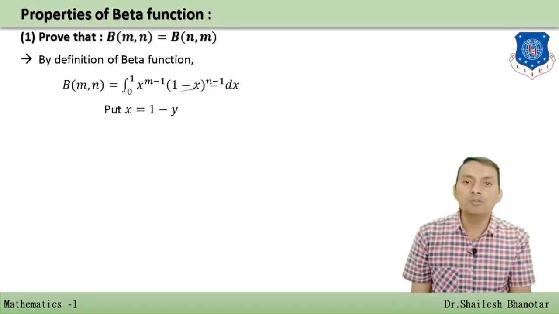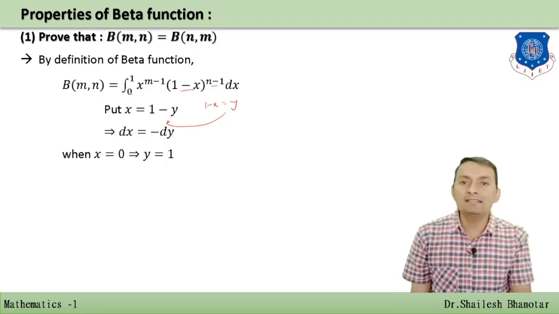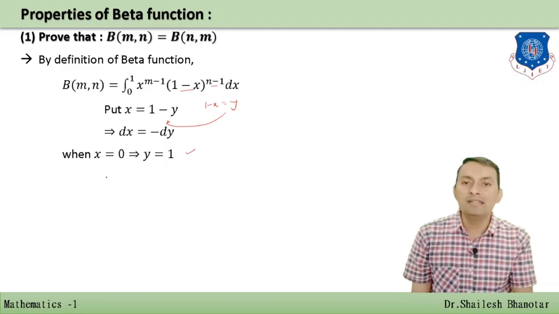Now I am going to assume that 1 minus x is equal to y. So x is equal to 1 minus y. When we differentiate on both sides, we get dx is equal to minus dy. When x is equal to 0, y is equal to 1, and when x is equal to 1, y is equal to 0.